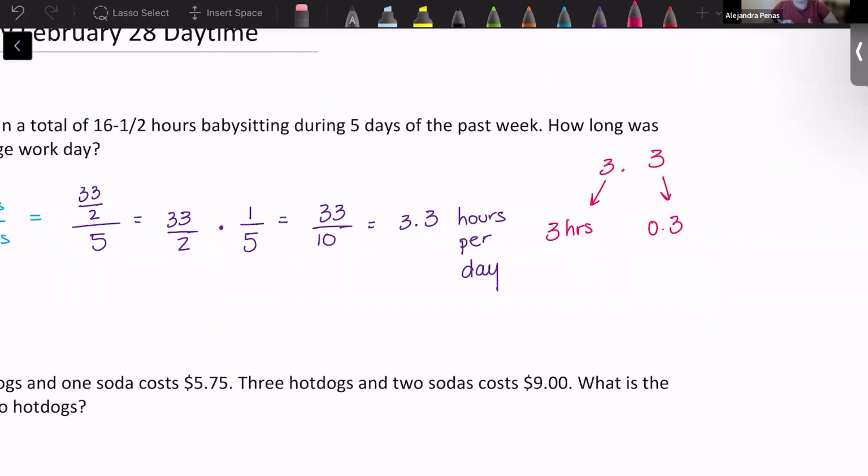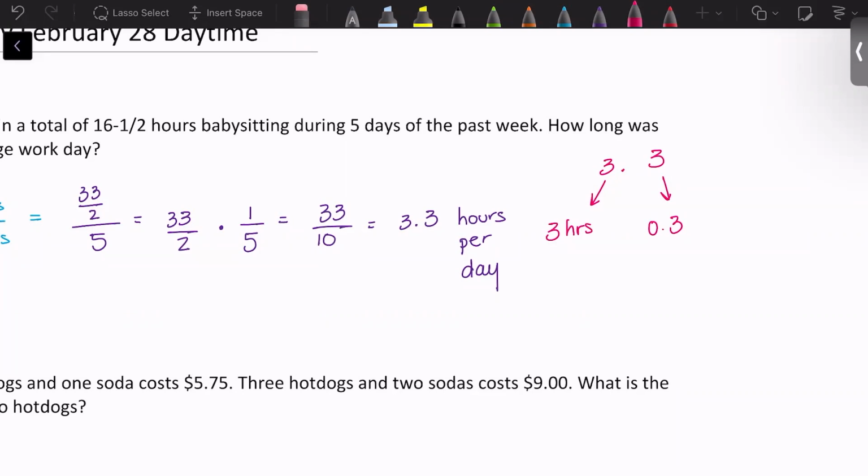Since we are going from hours, a bigger unit, to minutes, a smaller unit, would you need to multiply or divide by 60? Multiply. An easy way to remember is if you're going from a big unit to a small unit, you multiply, and if you're going from a small unit to a big unit, you divide.